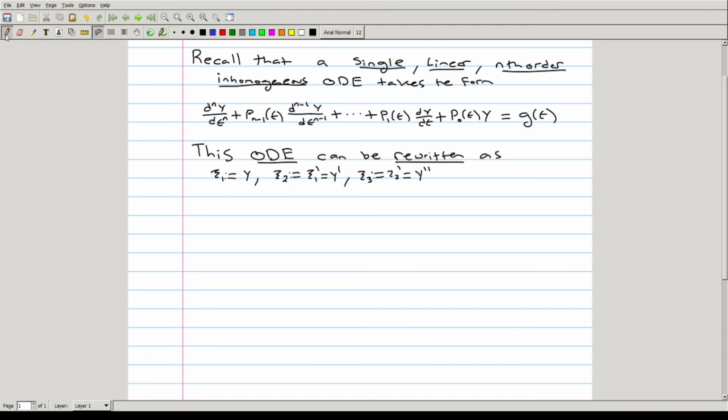All the way up to and including xi n, which will be defined as xi n minus 1 prime, which is just the n minus first derivative of y, which I'll note as y^(n-1).